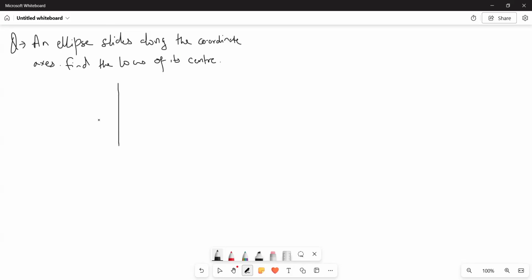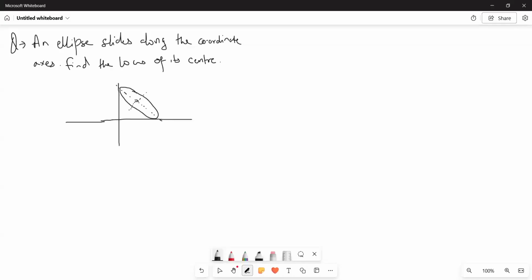So we have a scenario like this. Let's suppose these are the coordinate axes and an ellipse is sliding along it. This is how we have the ellipse.